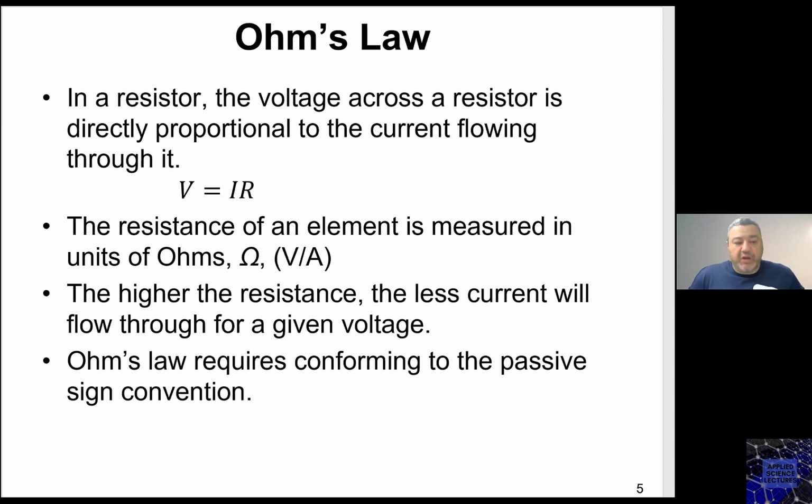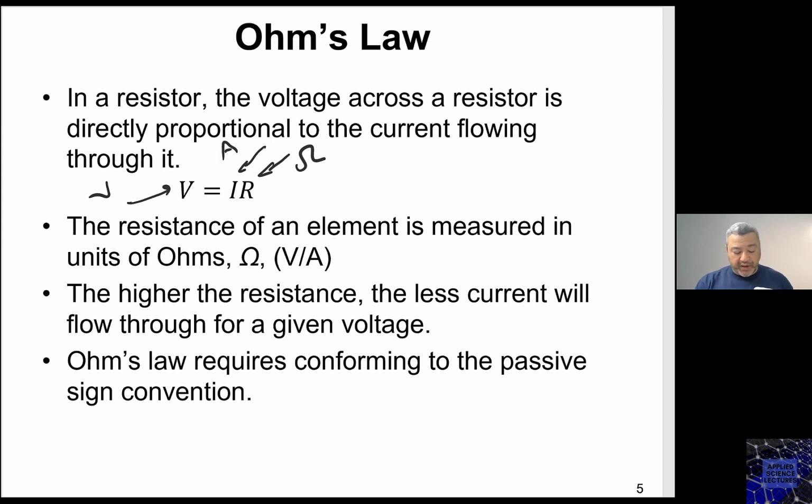Now, Ohm's law is basically the law that defines the relationship between the voltage, the current, and the resistance. As you can see here, the relationship is proportional between the voltage and the current for a fixed resistance. The unit for the resistance is ohm, the unit for the current is ampere, and the voltage is in volts.